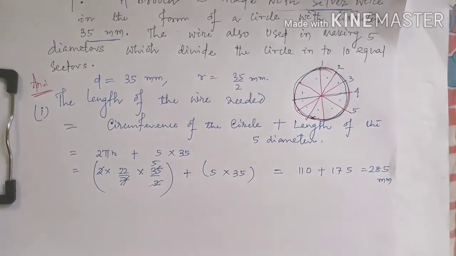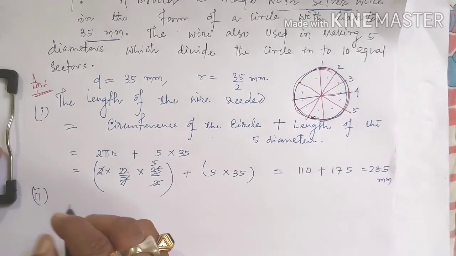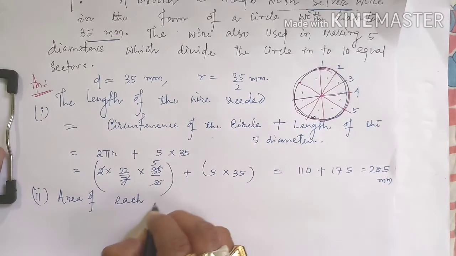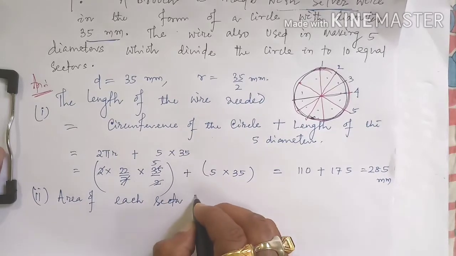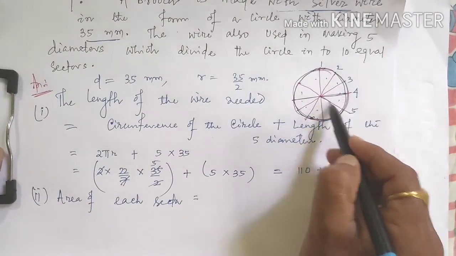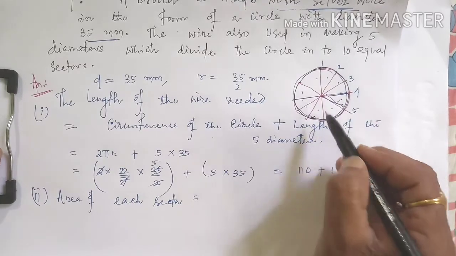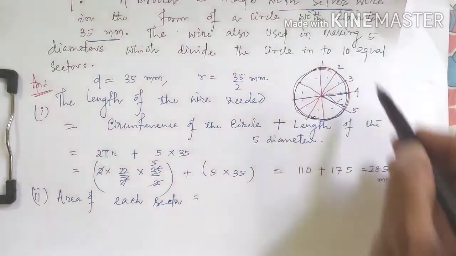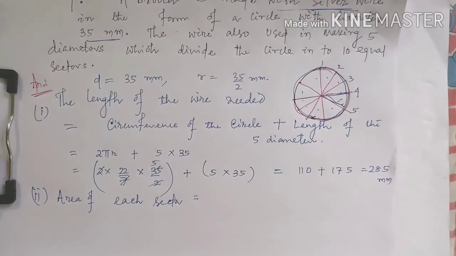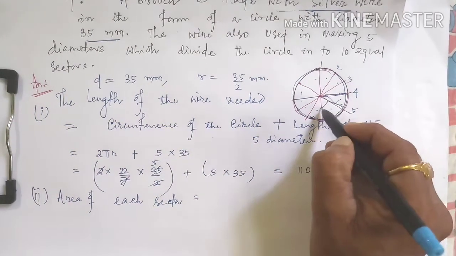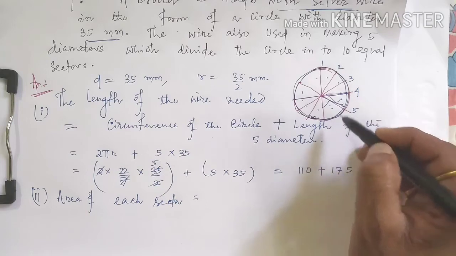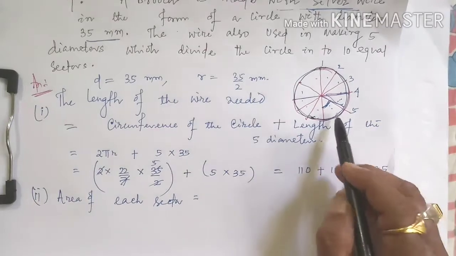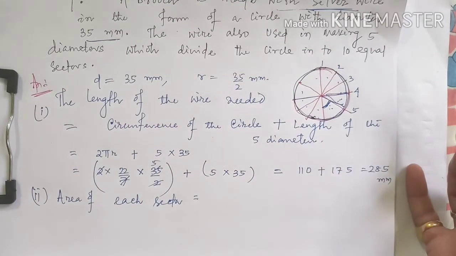Similarly, if you have to calculate the area of each sector, that means one sector, the simple method is the entire area of the circle divided by 10, or if you want, find the angle, then calculate theta, that is 10 sectors means 36 degree, then 36 divided by 360 into pi r square.